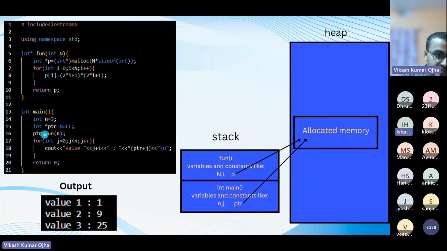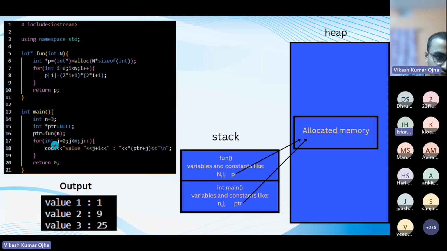And ptr takes the value of the pointer p, that is, the address in the heap. Note here that the pointer p was referring to the address that was malloced. So now that ptr has got that address, ptr is pointing to the allocated memory. Also, one interesting thing is that after the function ends, the pointer p gets destroyed, but the memory that was allocated through malloc still remains and can be accessed in int main also.